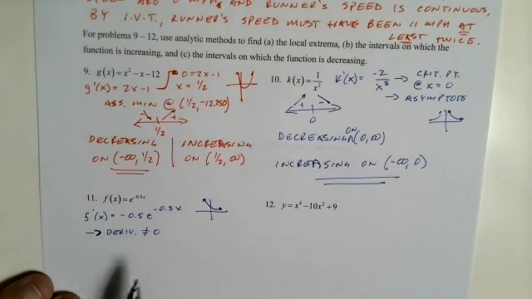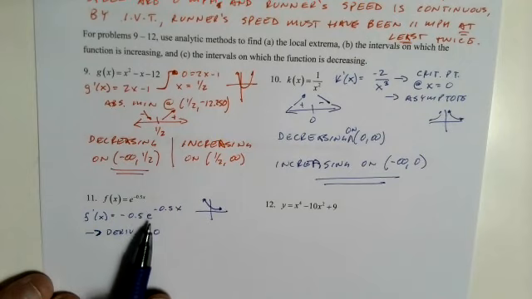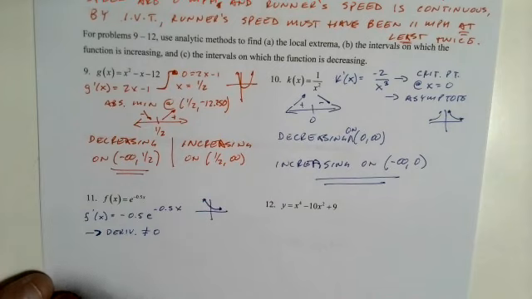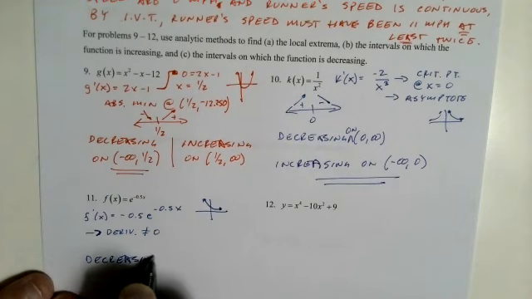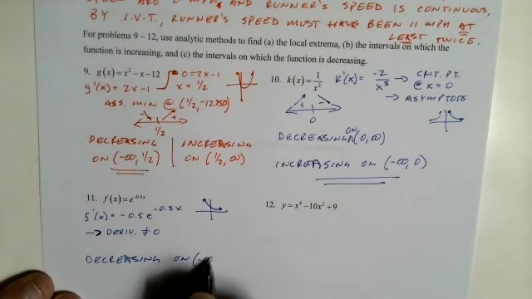There's no critical points, so let's just plug in any value. Plug in 1. Let's see, 1 over e to the negative 0.5 is a positive number, so that's negative, so it's decreasing all the time.